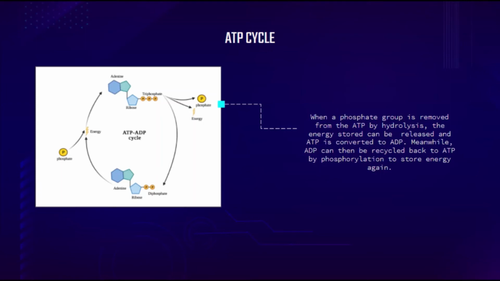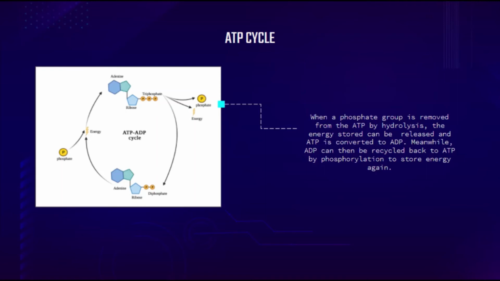Meanwhile, ADP can then be recycled back to ATP via phosphorylation to store energy again. Essentially, we can view this ATP cycle as a closed loop with only a phosphate group entering and exiting.